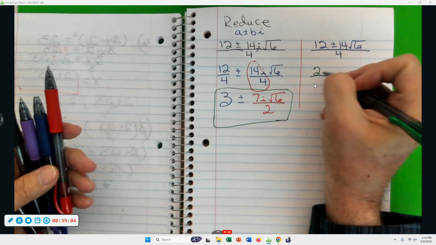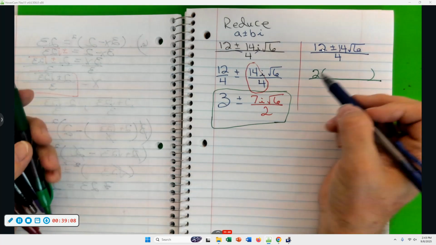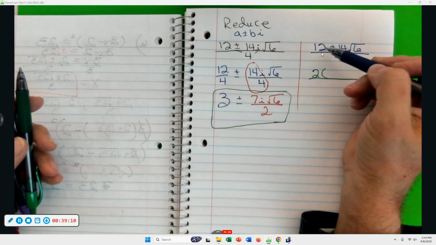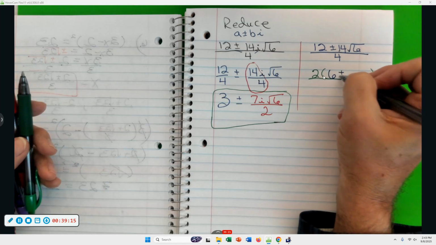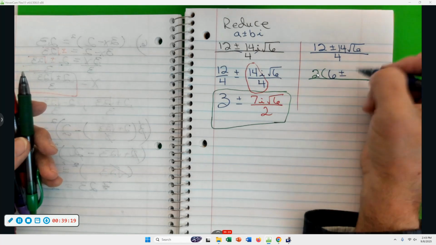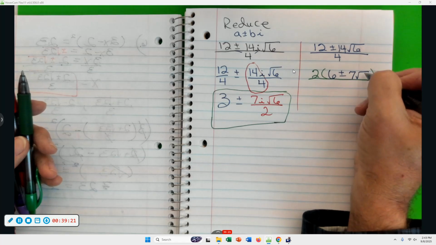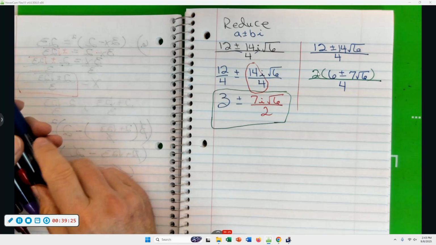So I'm going to take out a 2 from the top. I'm factoring out a common factor of 2. 12 divided by 2 gives me 6 plus or minus 14 divided by 2 gives me 7 square roots of 6. And I still have that 4 down there.